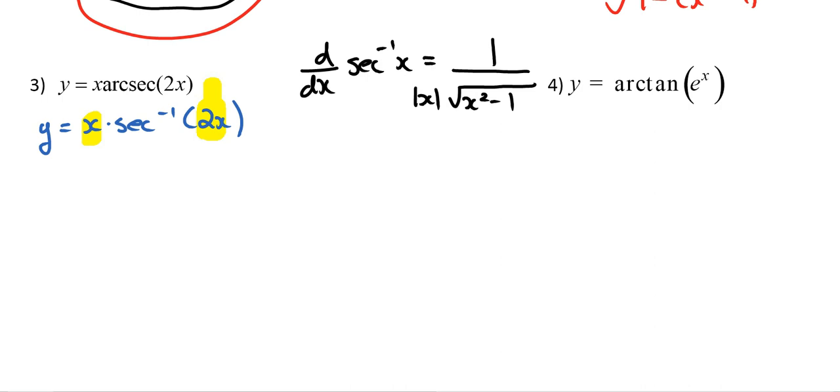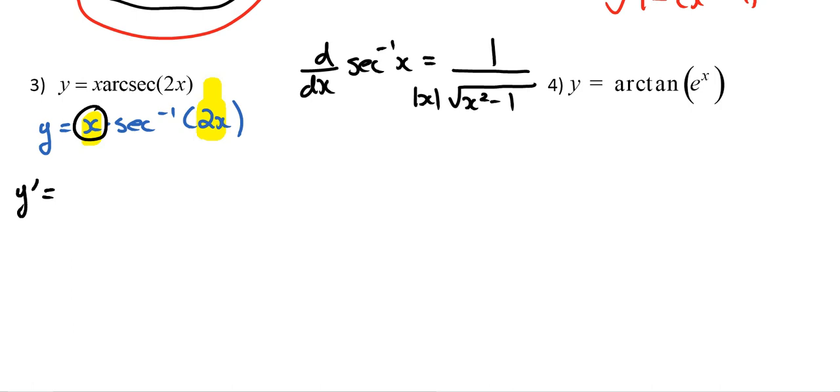But now if we use the product rule here, the product rule states that you need to take the derivative of your first term times the second term plus the derivative of your second term times the original function, I guess. Okay, so I don't want to write out the product rule here, so let's just go ahead and apply it. What's the derivative of x?